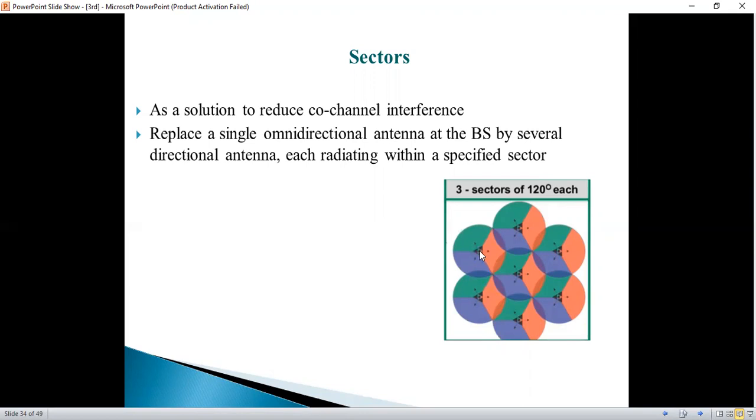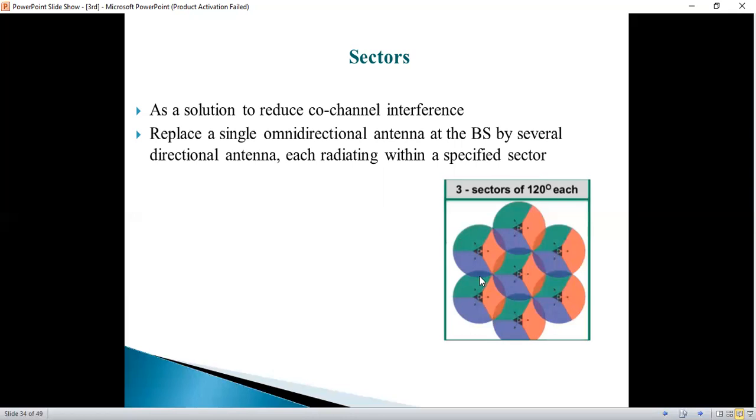Ma'am, are there three antennas in each sector? There are 3 base stations in a single cell, but in a single sector, there is a single base station. We replace the one base station with three.